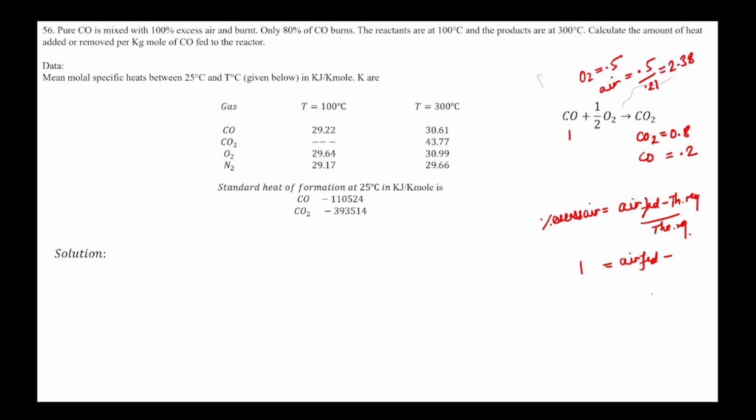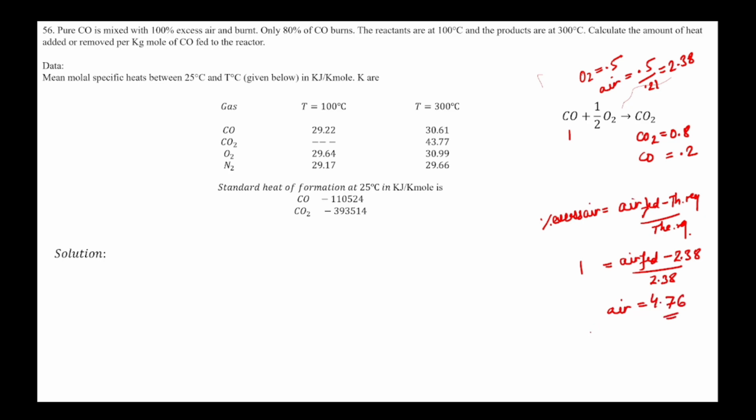Now put 2.38 upon 2.38. So air fed will be 2.38 into 2, which is 4.76. 4.76 is the air fed.